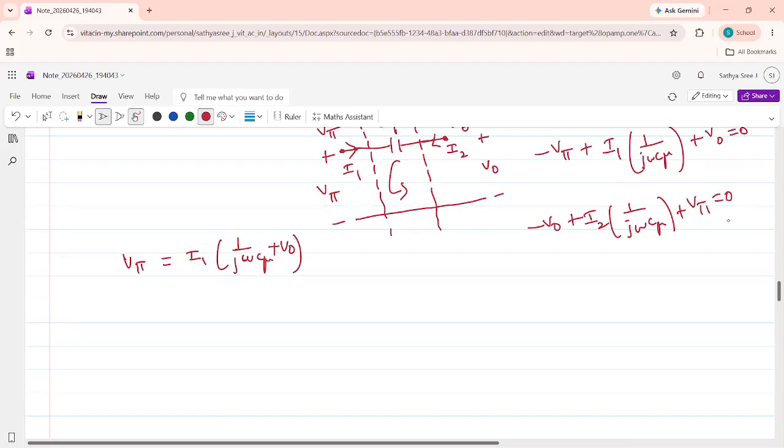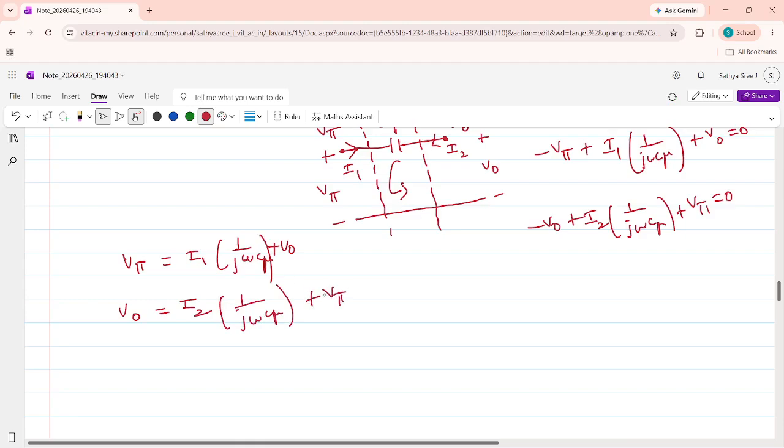So from this equation, V naught equals I2 multiplied by 1 by j omega C mu plus V pi.